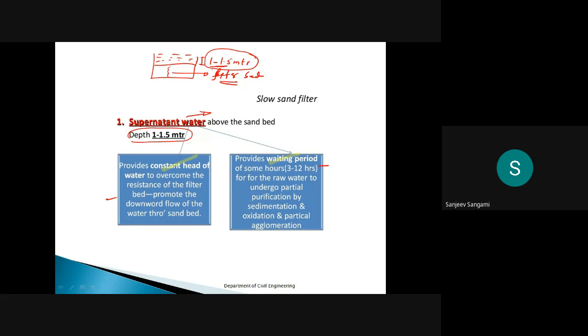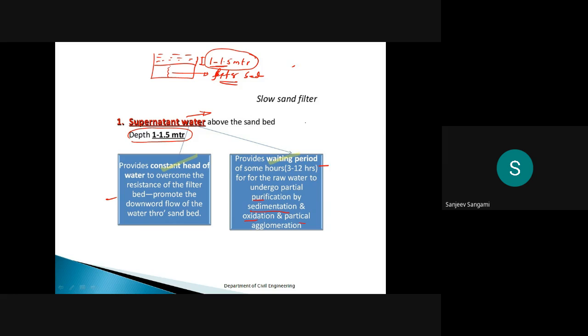Then definitely it will undergo partial purification, and we are giving more time for sedimentation, oxidation and partial agglomeration.